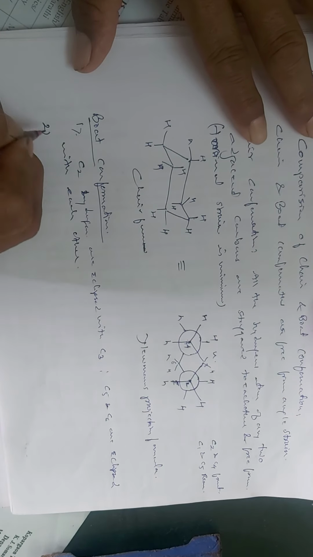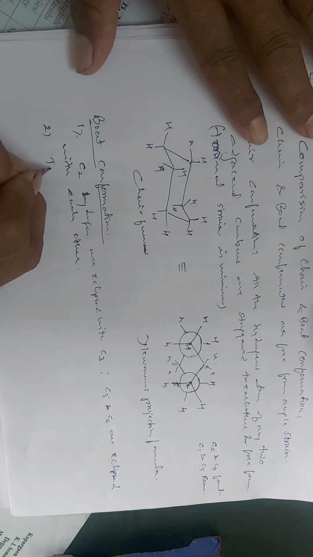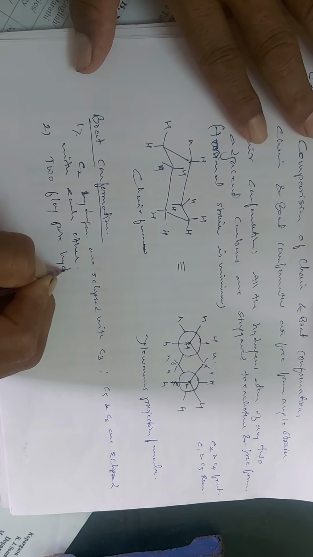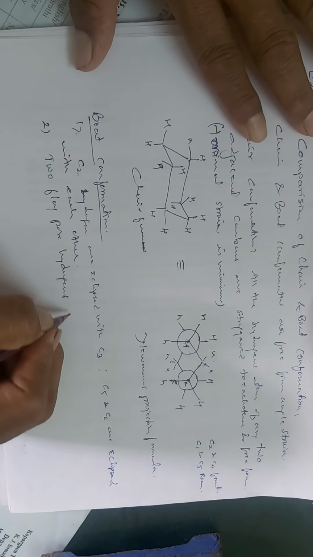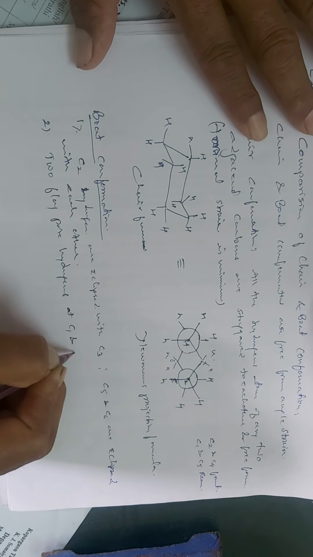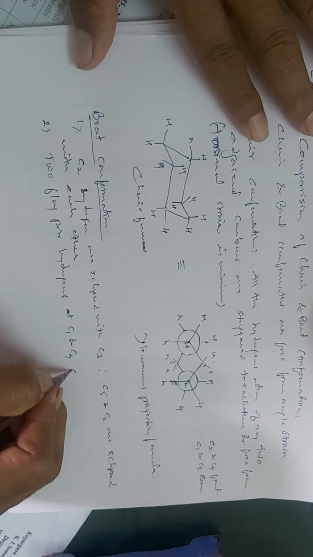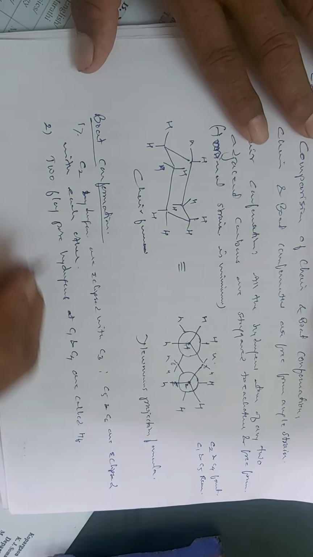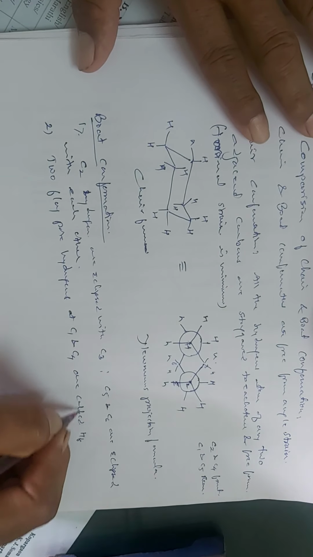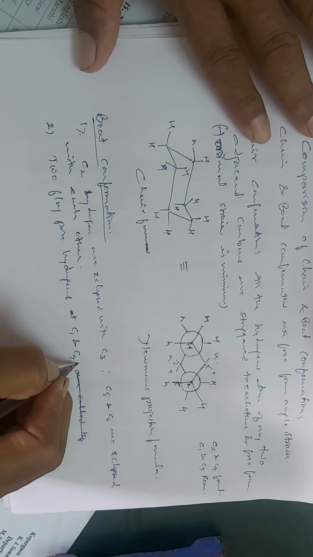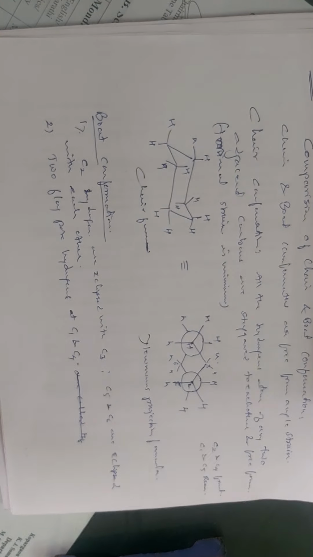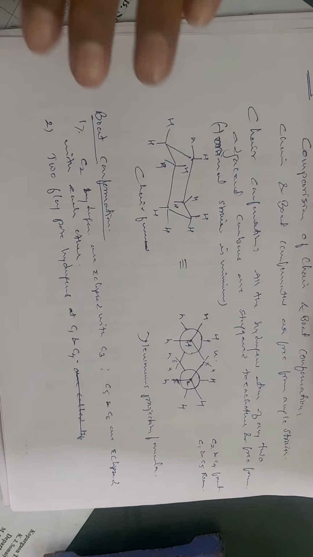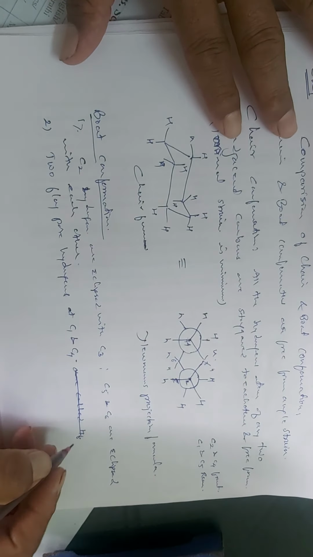And the second thing is that the two flagpole hydrogens at C1 and C4 are called flagpole hydrogens. The hydrogen atoms on carbon atoms number 1 and 4 are called flagpole hydrogen atoms.